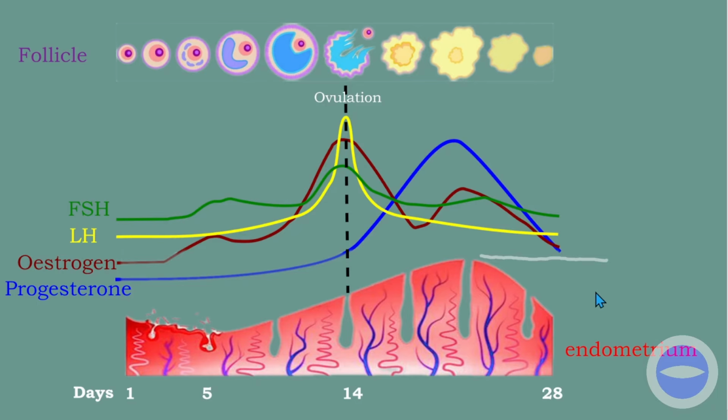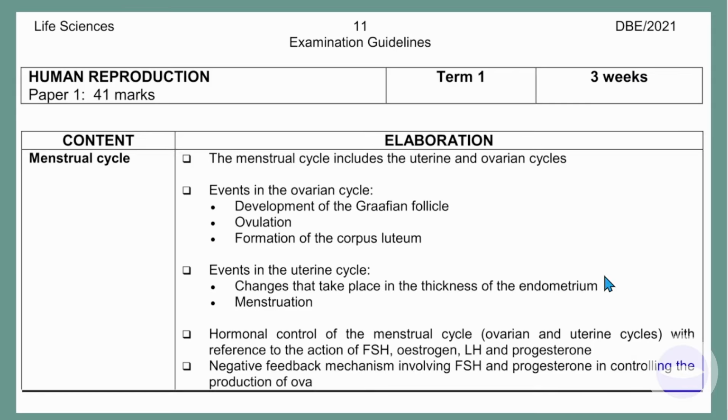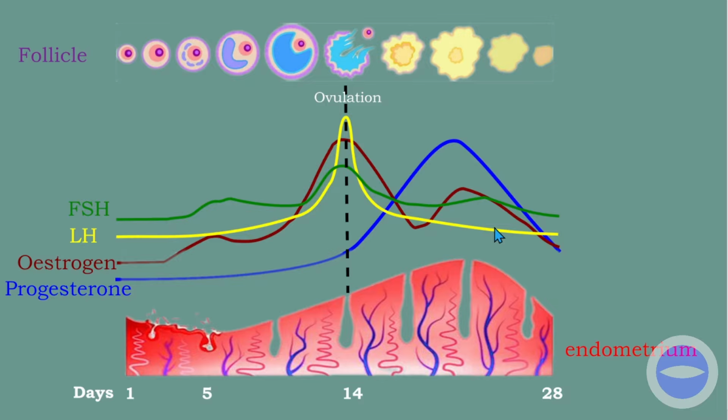Another thing that we must know is the negative feedback mechanism involving FSH and progesterone in controlling production of ova. Here we are talking about progesterone and FSH. We know that FSH grows the follicles, and then progesterone prevents the pituitary gland from releasing FSH. So this is the negative feedback mechanism.